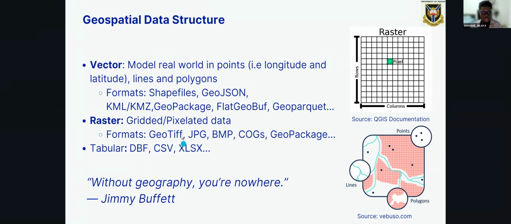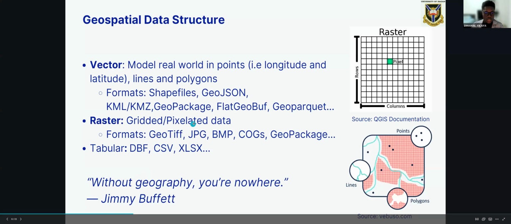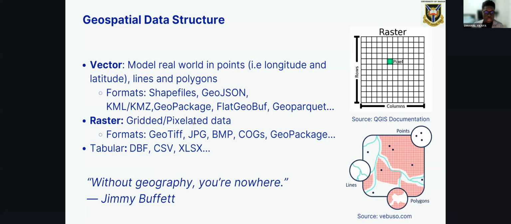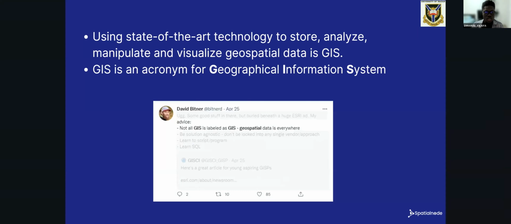There is a favorite quote by Jimmy Buffett. It says, "Without geography, you are nowhere." Understanding where we are is very important, because as we all know, location matters. Location matters a lot in our life. So using these tools, formats, and technology to store, analyze, and manipulate geospatial data is what we know as GIS.